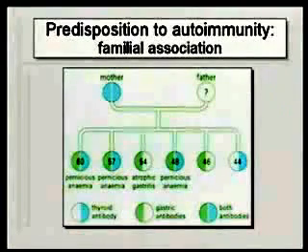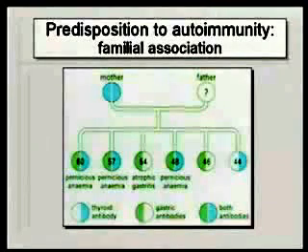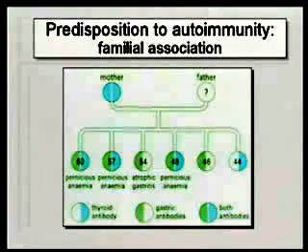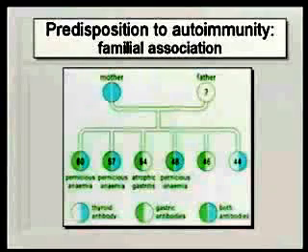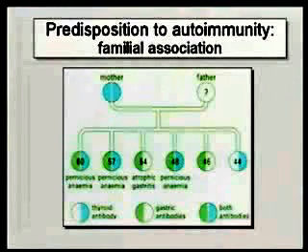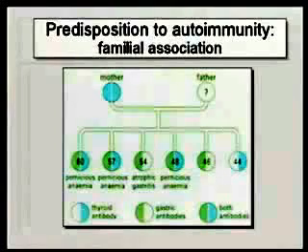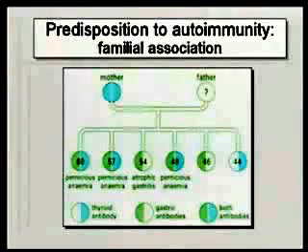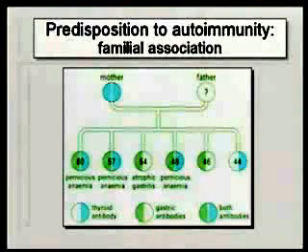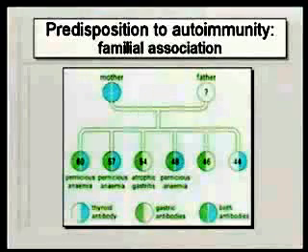Peculiarly, females, for some reason, are more prone to autoimmune diseases than the males are. Okay? So anti-thyroid antibodies here, the offspring, pernicious anemia, as well as anti-thyroid. Here's another offspring, pernicious anemia, thyroid.